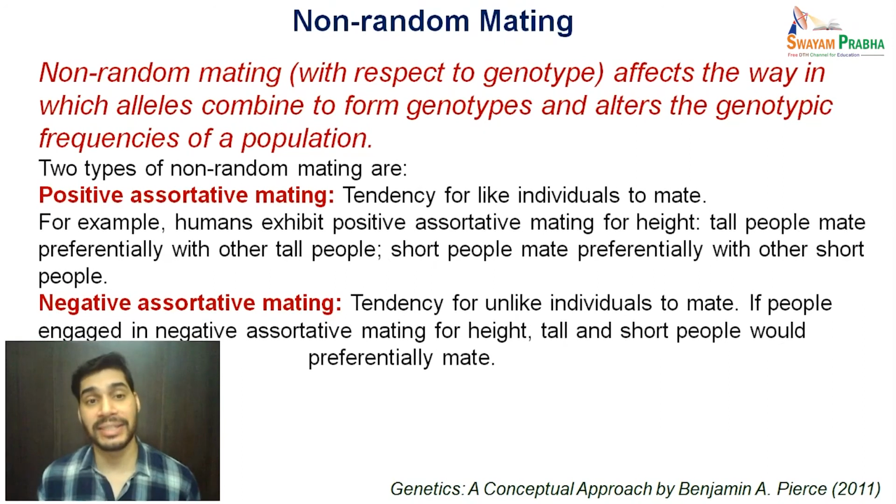For example, humans show positive assortative mating for height. Tall people mate preferentially with other tall people, and short people mate preferentially with short people. Whereas in negative assortative mating, there is a tendency for unlike individuals to mate. If people engaged in negative assortative mating for height, the tall would prefer the short and vice versa.